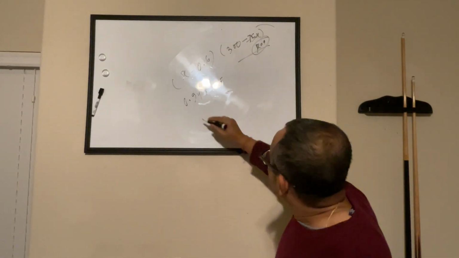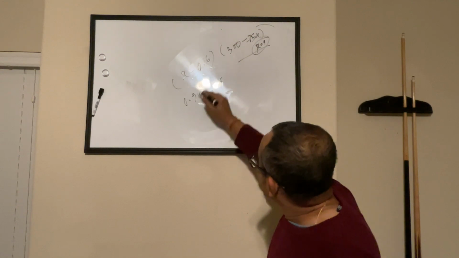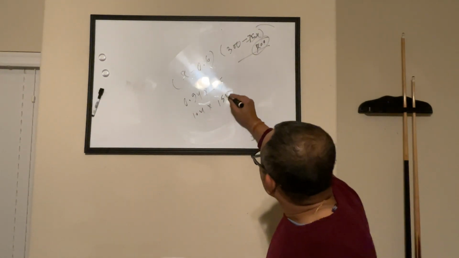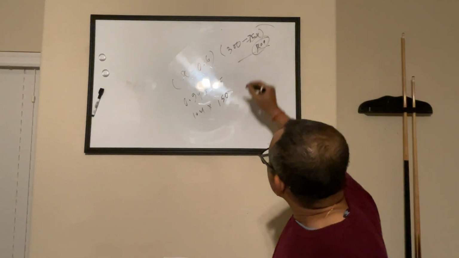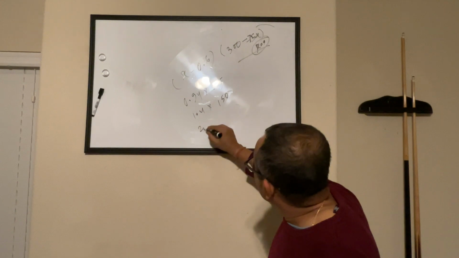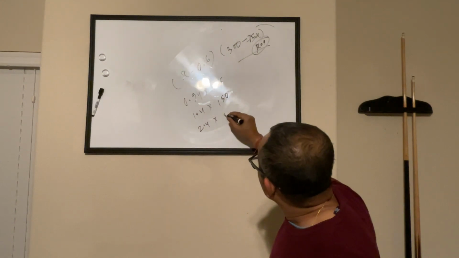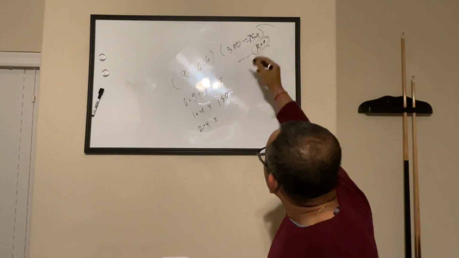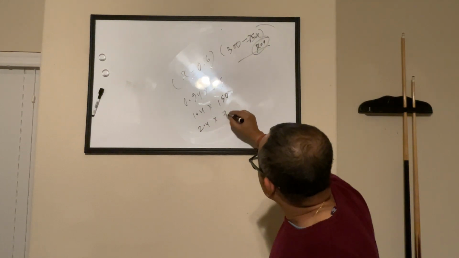If I put 2, it becomes 2 minus 0.6, 1.4 multiplied by 150. And if I put 3, it becomes 3 minus 0.6, 2.4 multiplied by 75.